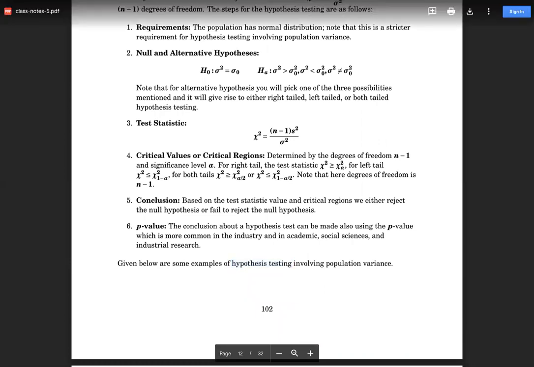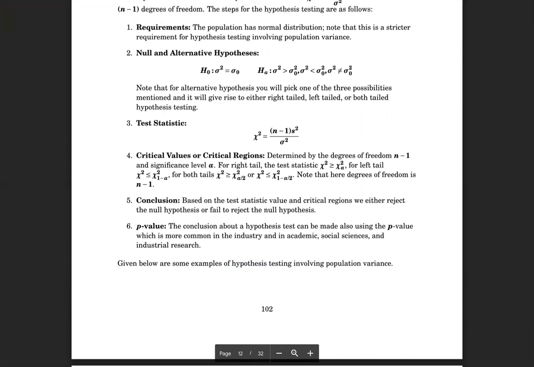As it turns out, for this test to work, it is a stricter, stronger requirement that the population you're dealing with is normal. So that means your assumption that the population is bell-shaped has to be true, for the most part.